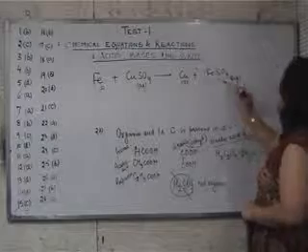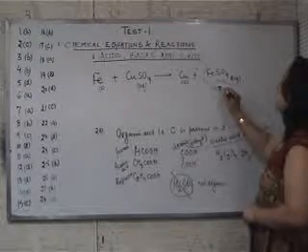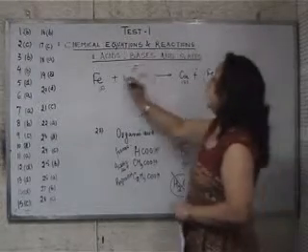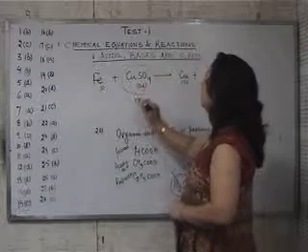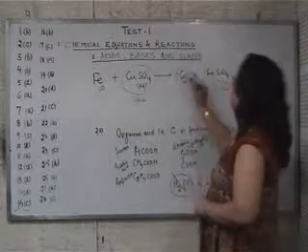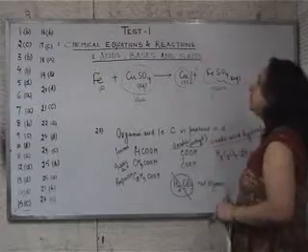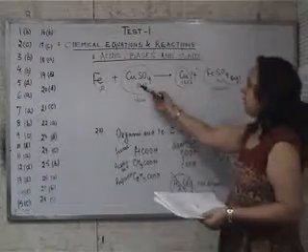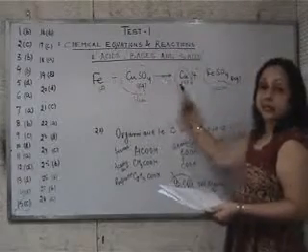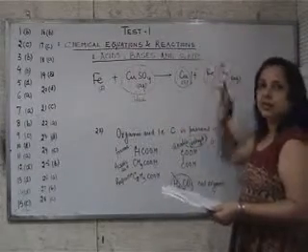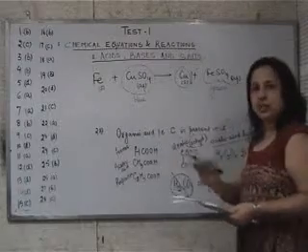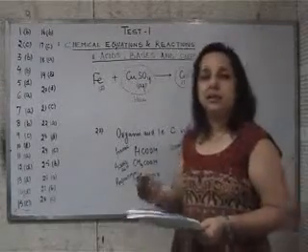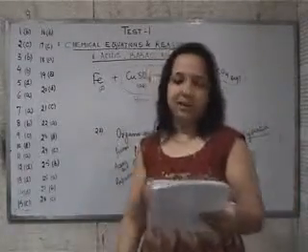This ferrous sulfate is green colored and the copper sulfate is blue. Copper is a metal and it will be precipitated. The blue color slowly vanishes and green appears in the solution. So your option is A, alpha.